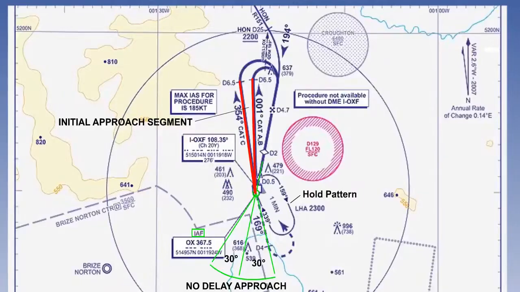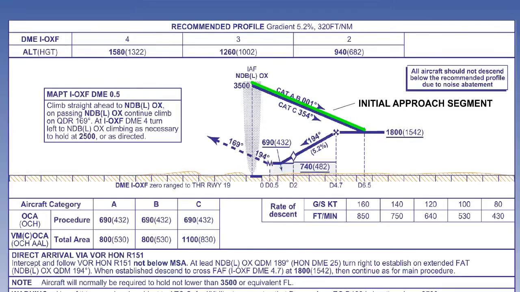This phase of the flight is called the initial approach segment. It also requires a descent to not below 1,800 feet on the QNH or 1,542 feet on the QFE, as we see in brackets.